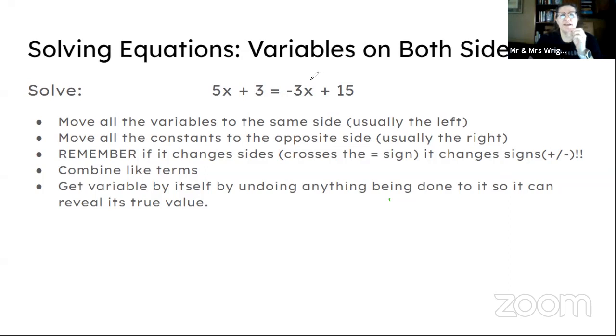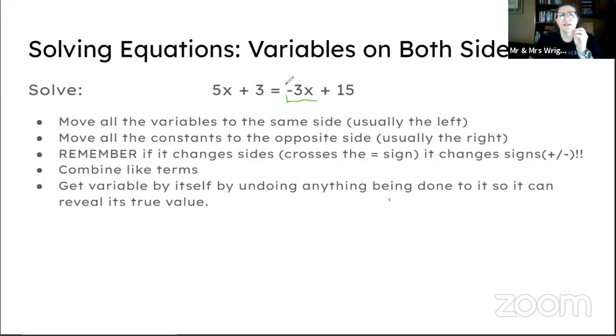So I'm going to identify any variables I have on the right side. And again, this is when I like to use different colors, because I'm going to do that one in green, and I'm going to say, okay, well, here's a constant I want to move to this side in red. Now, as you switch sides, you're going to switch the signs.